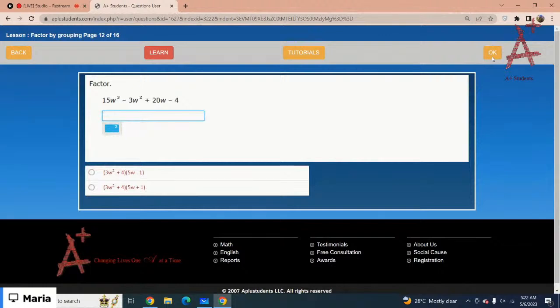Okay, 15w cube minus 3w square plus 20w minus 4. So which is the correct option?